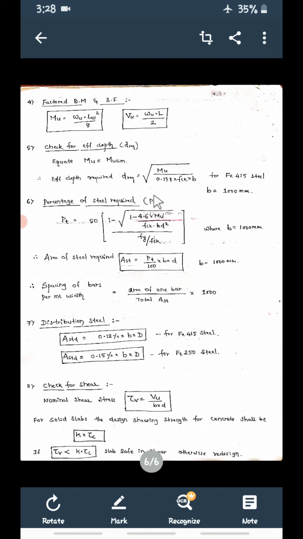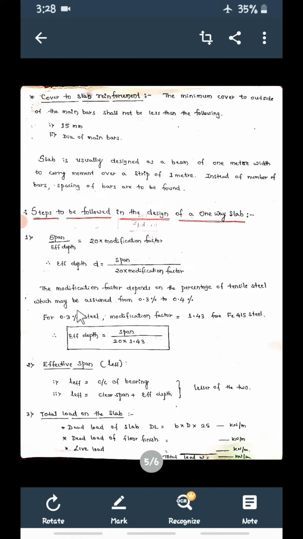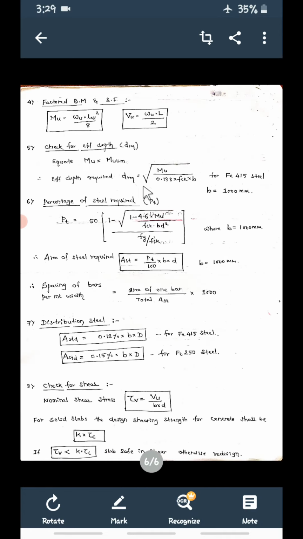Suppose D required is 150 mm, and what we calculated in the beginning is 180, and you are providing 180, then it is safe. Whatever you provide should be more than required. In this equation also, you have to substitute B as 1000 mm. Wherever B is there, don't forget to substitute 1000 mm or 1 meter.